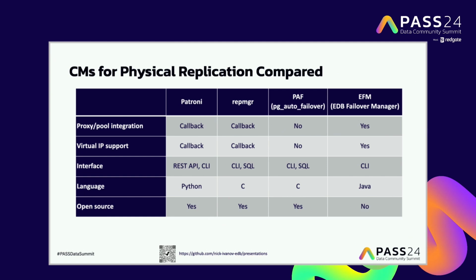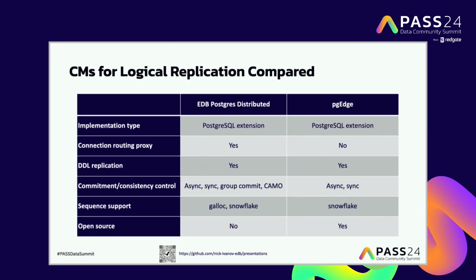So all those scenarios that I described, they apply equally to both clusters based on physical replication and clusters based on logical replication. For logical replication, the same logic applies to having some sort of a cluster manager that does all this failover logic and other things in it.